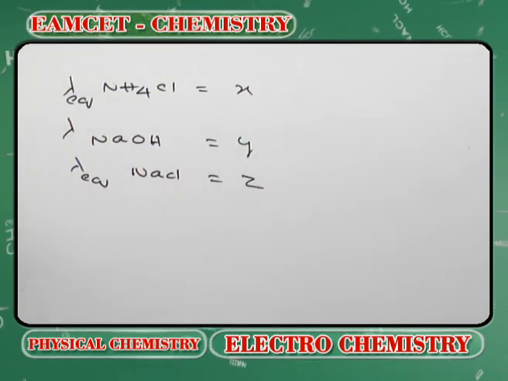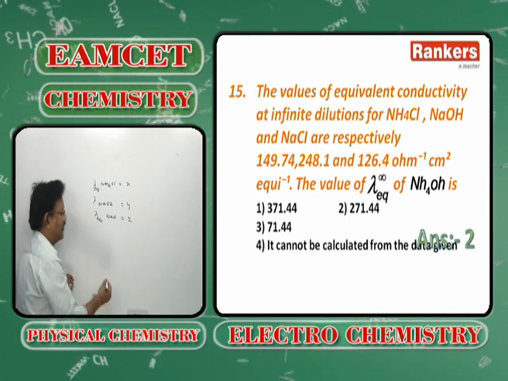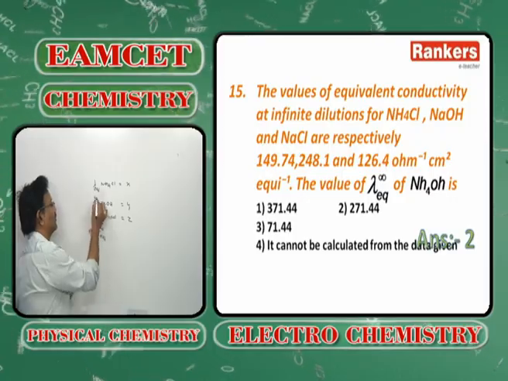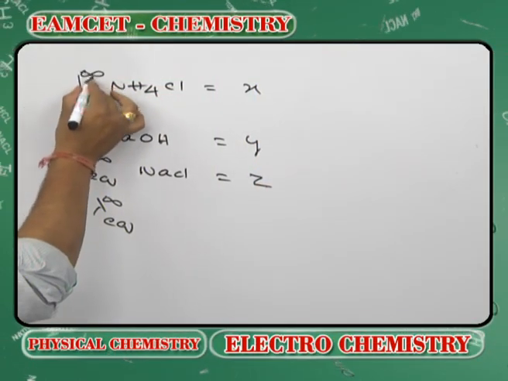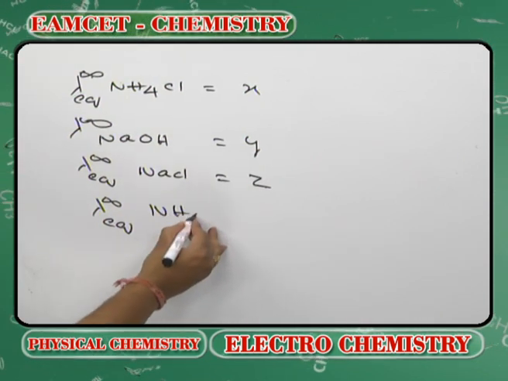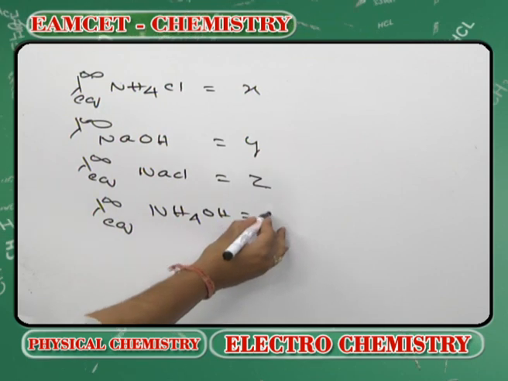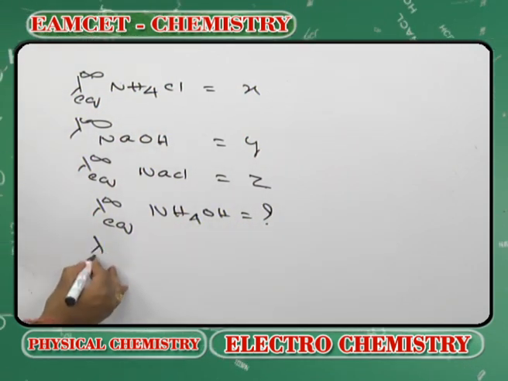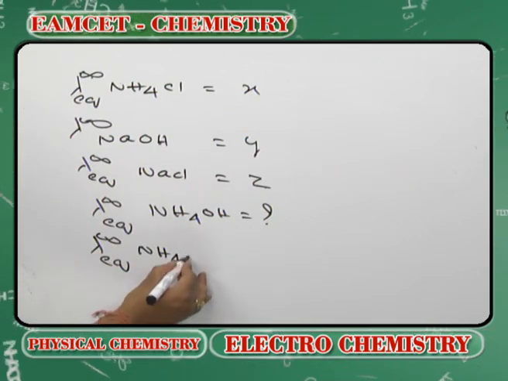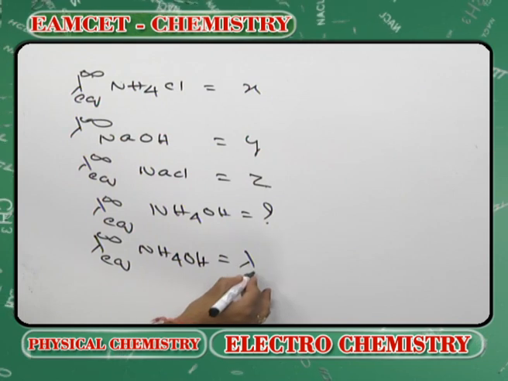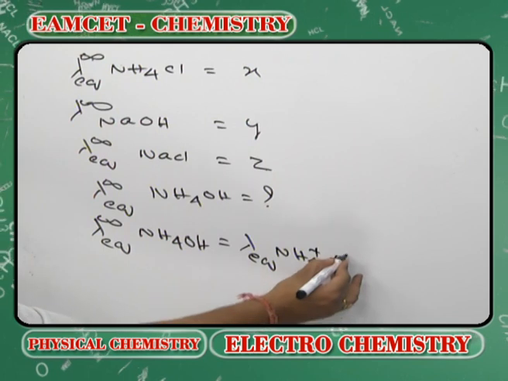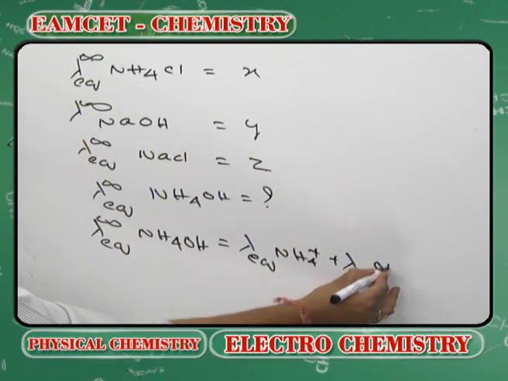And what is the question? The equivalent conductivity at infinite dilution of NH4OH is equal to how much? By definition, lambda equivalent of NH4OH is equal to lambda equivalent of NH4 plus plus lambda equivalent of OH minus.